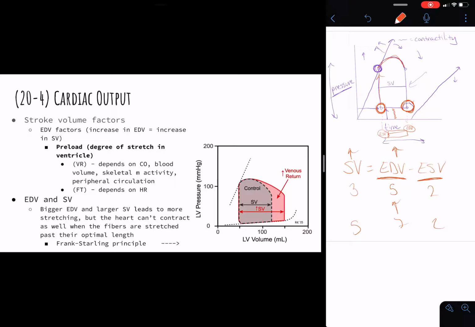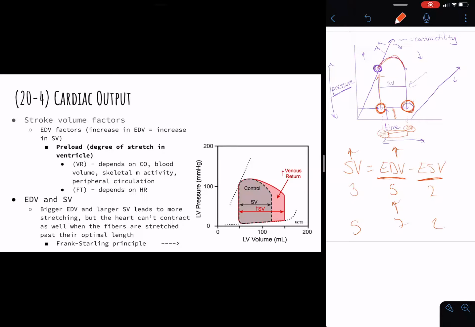And factors that can contribute to EDV are venous return and filling time, right? That affects preload. So if we increase preload, we move EDV to the right. And when we increase EDV, then we're increasing stroke volume. So you can see that the normal, the control, is in black, and then the increase in preload is in red.